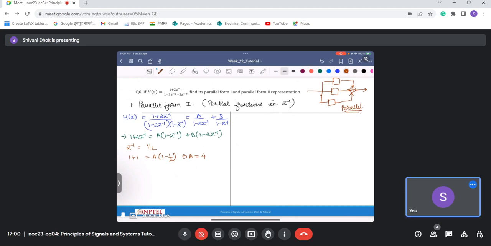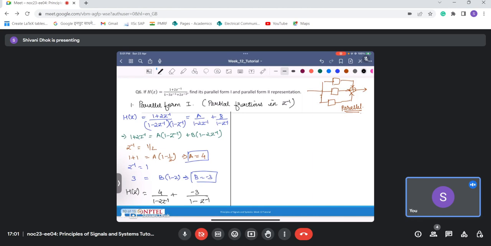To find the value of B, I'll put z inverse equal to 1. So 1 plus 2, that is 3, is equal to B into 1 minus 2, which implies that B is equal to minus 3. So H(z) is equal to 4 upon 1 minus 2z inverse plus minus 3 upon 1 minus z inverse.